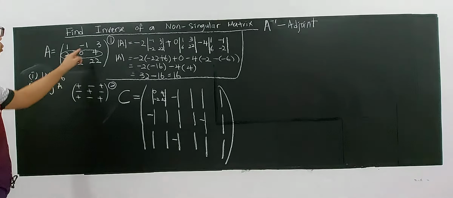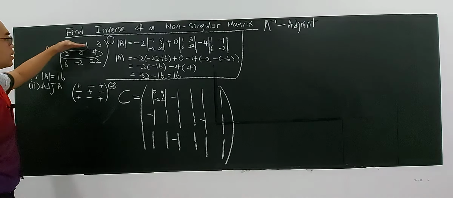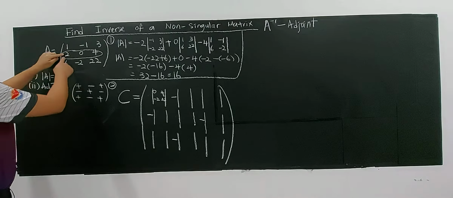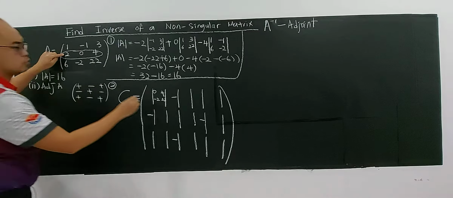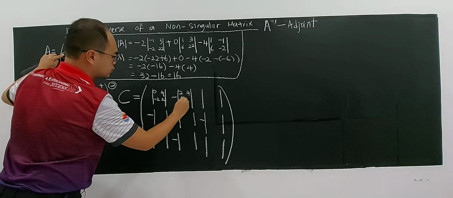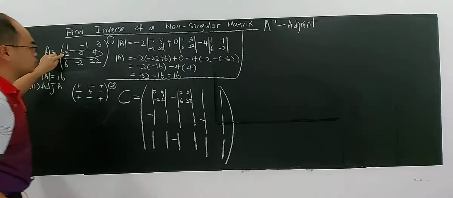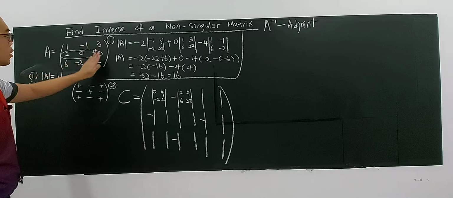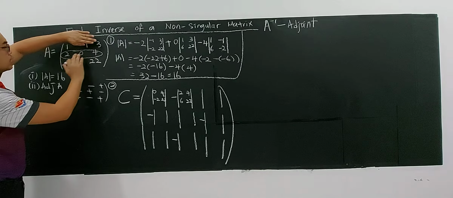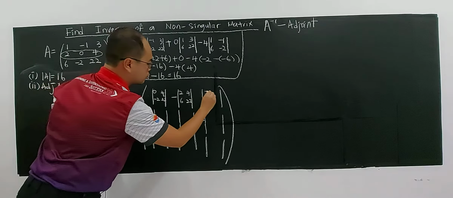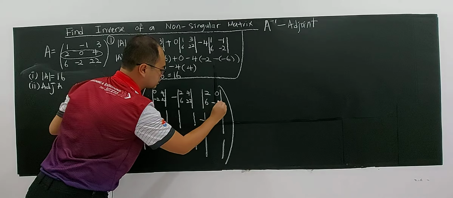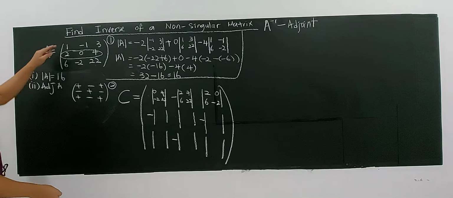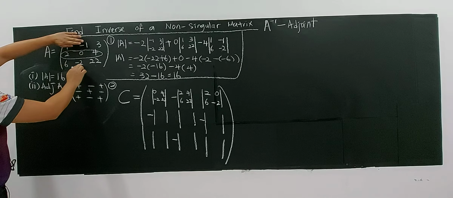Followed by the minor for negative 1, you delete the row and the column, you have 2, 4, 6, 22. And the minor for 3, you delete the row and the column, then you have 2, 0, 6, negative 2. Right? Okay, double check: 2, 0, 6, negative 2.